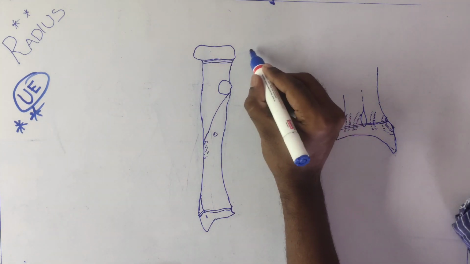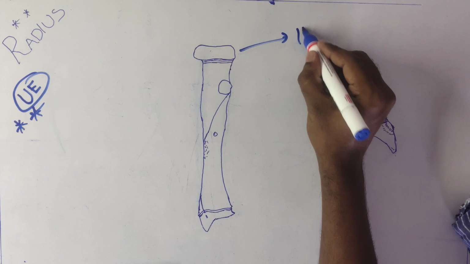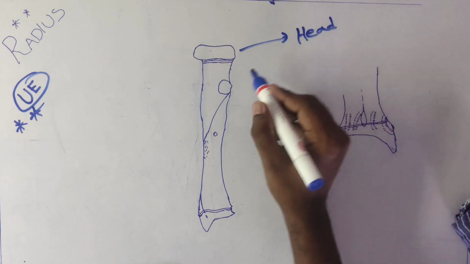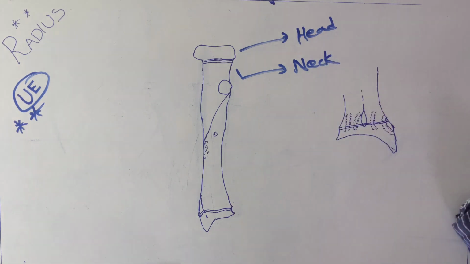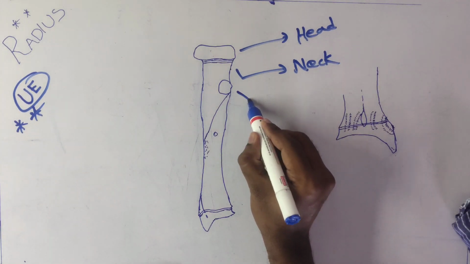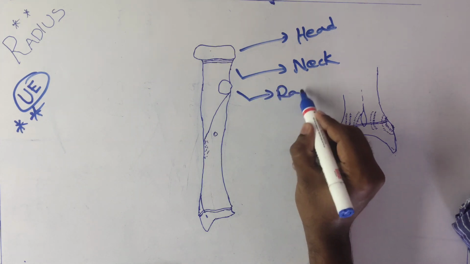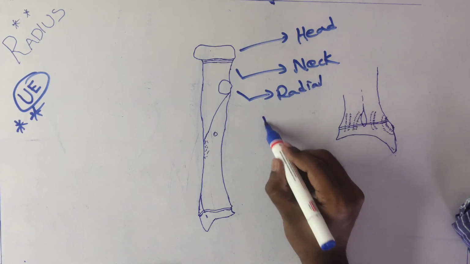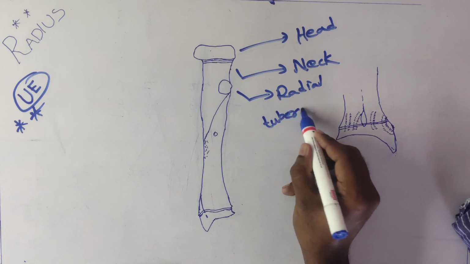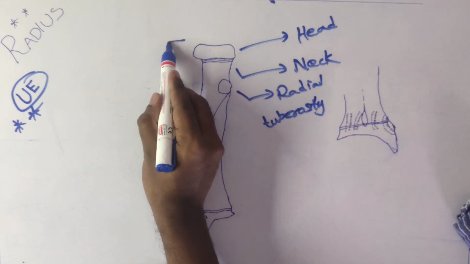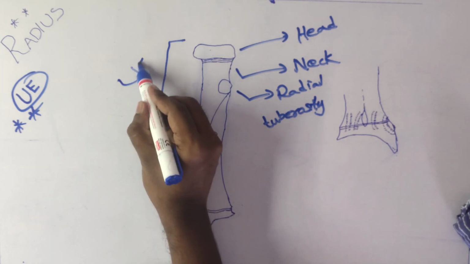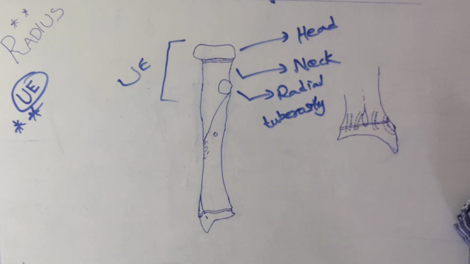One is the head, the second is the neck, and the third is the radial tuberosity. Three parts: head, neck and radial tuberosity.